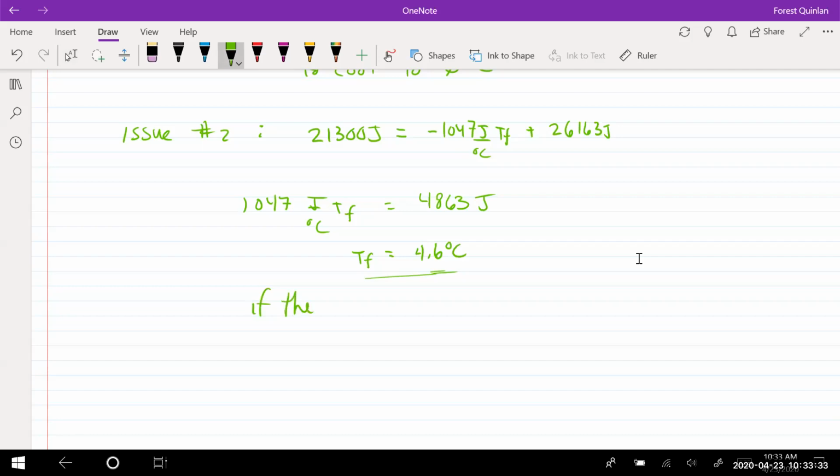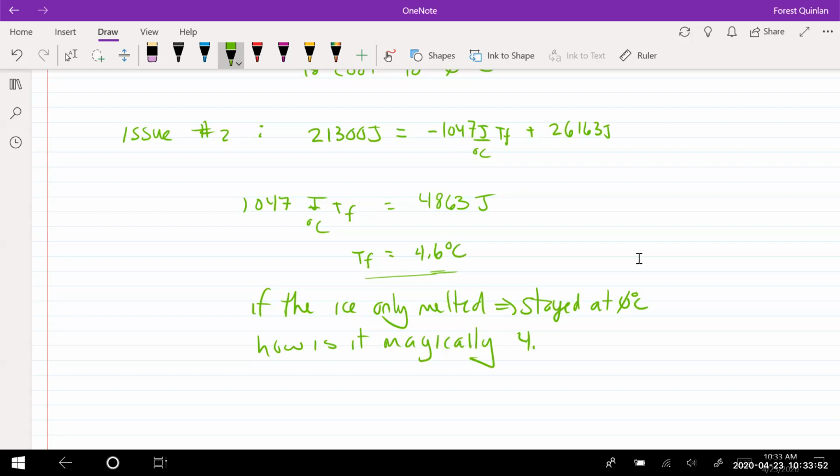If the ice only melted, meaning stayed at 0 degrees Celsius, how is it magically 4.6 degrees Celsius if it didn't heat up?